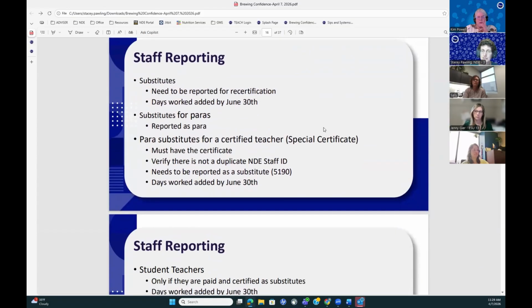In this PDF, it's slide number 16. It talks about staff reporting. And so we have right here substitutes for paras reported as a para.